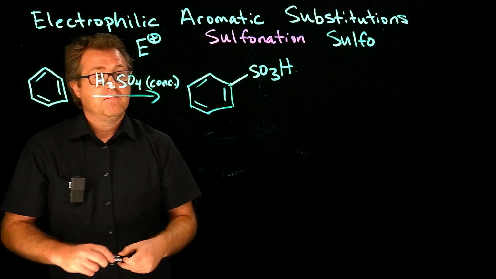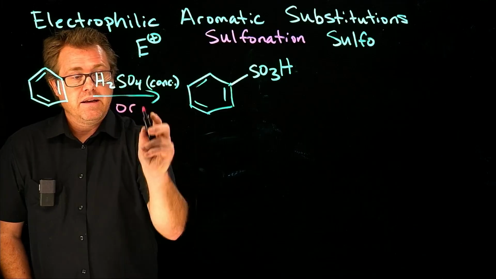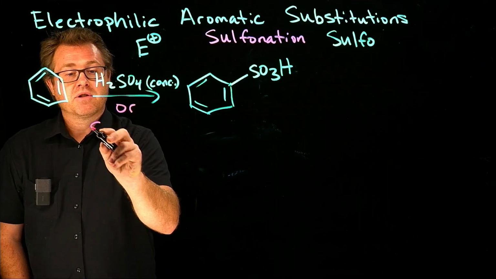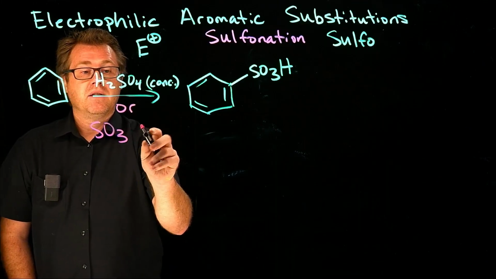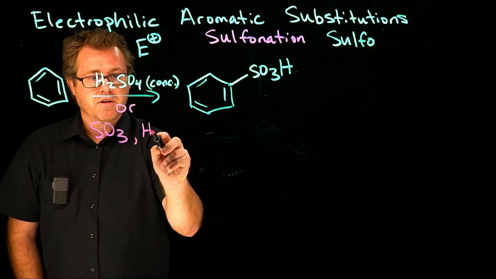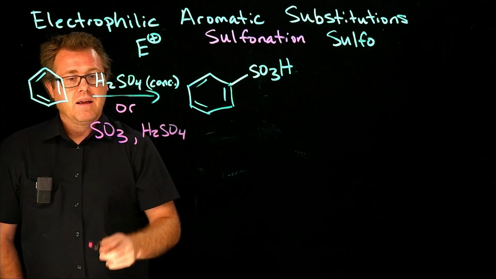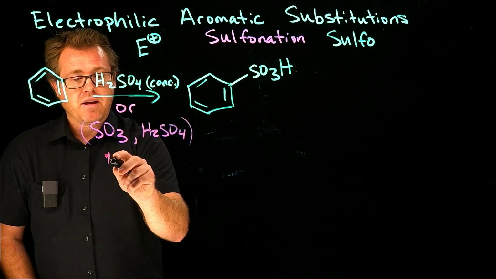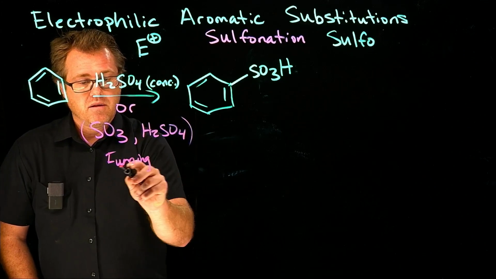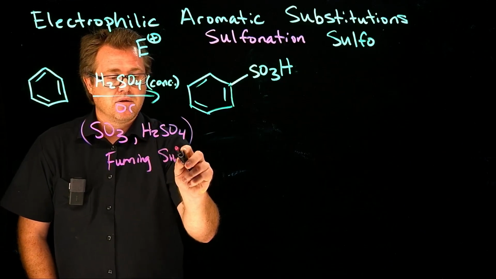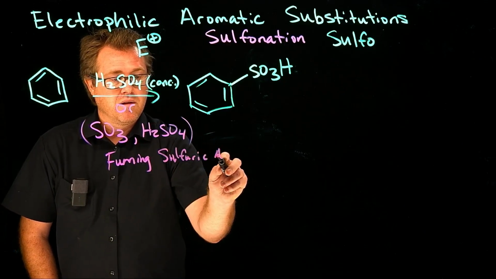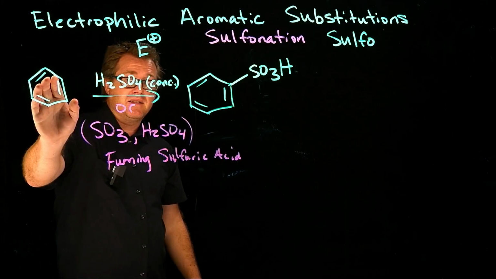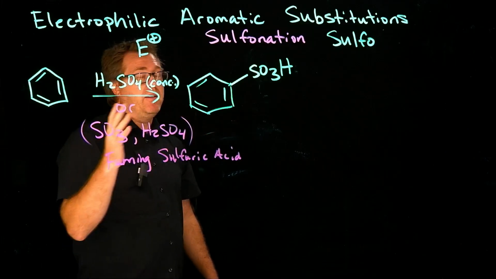That's one way to do this. Another way is a different type of reagent, where you would use sulfur trioxide plus sulfuric acid. Those reagents are typically called fuming sulfuric acid. If you just use concentrated sulfuric acid, this reaction would occur, but it'd be really slow.